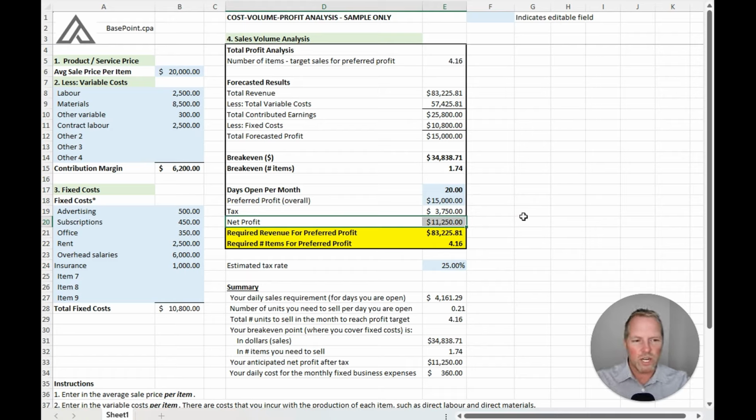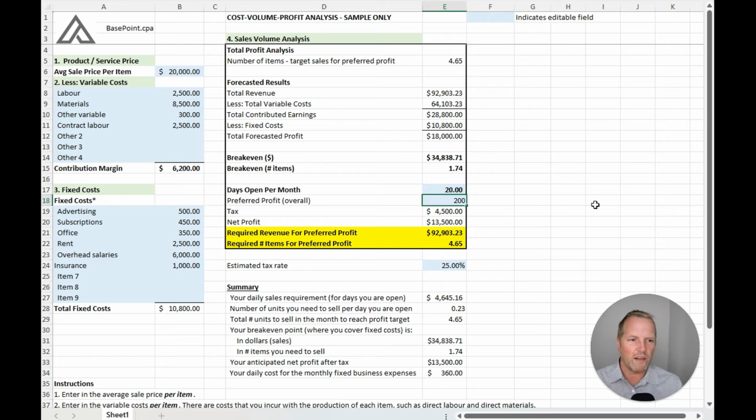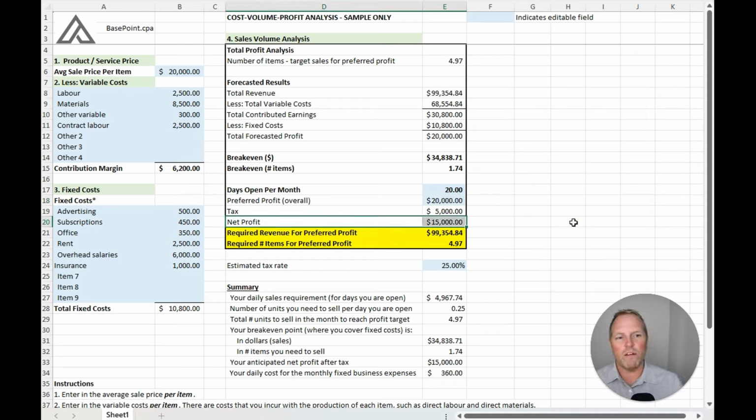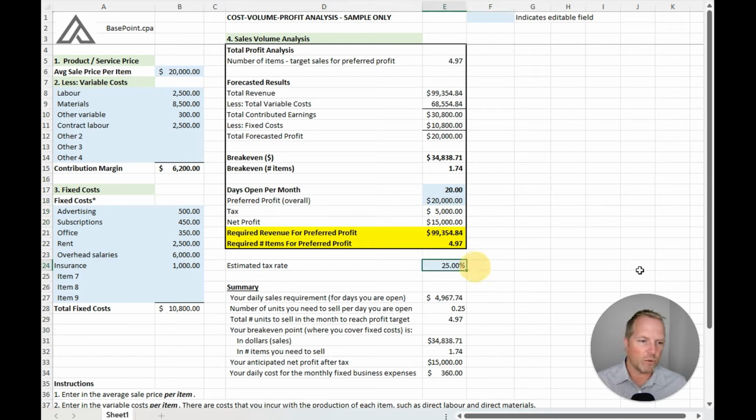This is the amount of cash in hand theoretically that you would have. And so here you can start to plug in some different amounts, because if you want $15,000 after tax, maybe you need to start plugging in some numbers and see how that falls. Basically sitting at $20,000 will get you to $15,000 of net profit after tax at an estimated tax rate of 25%.